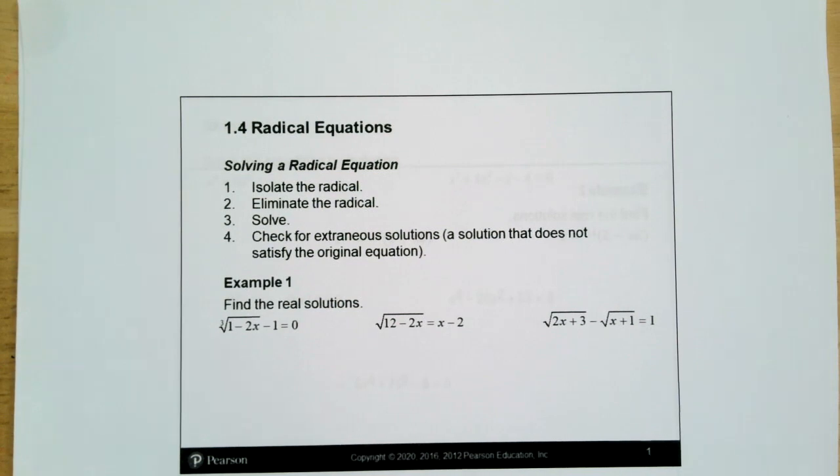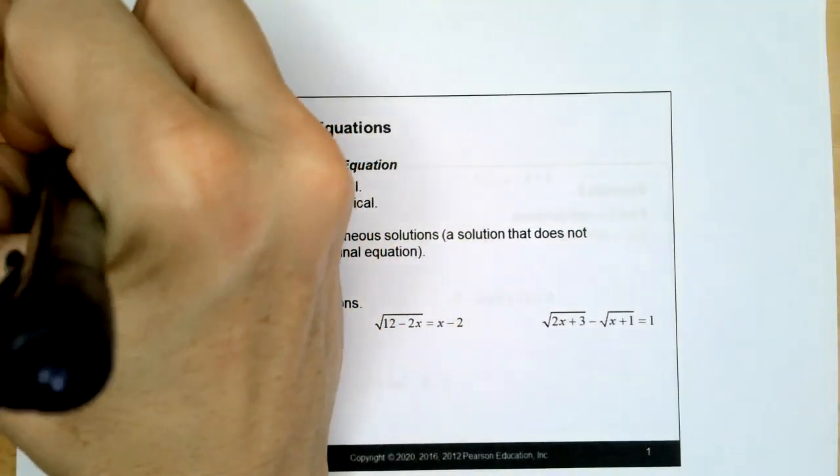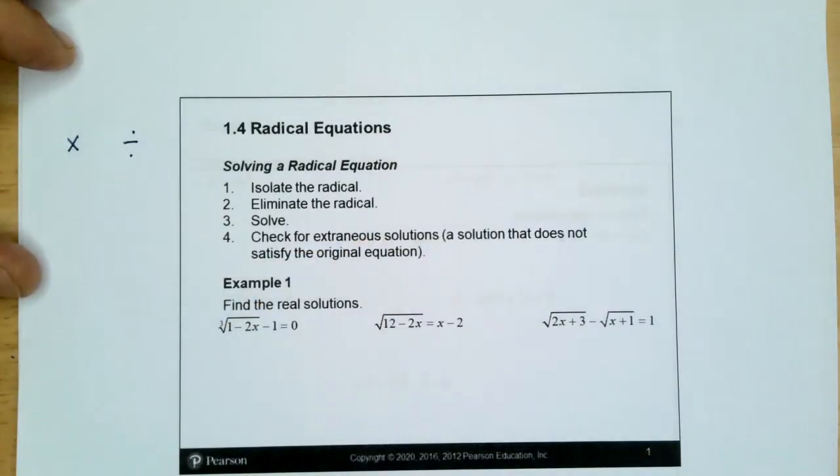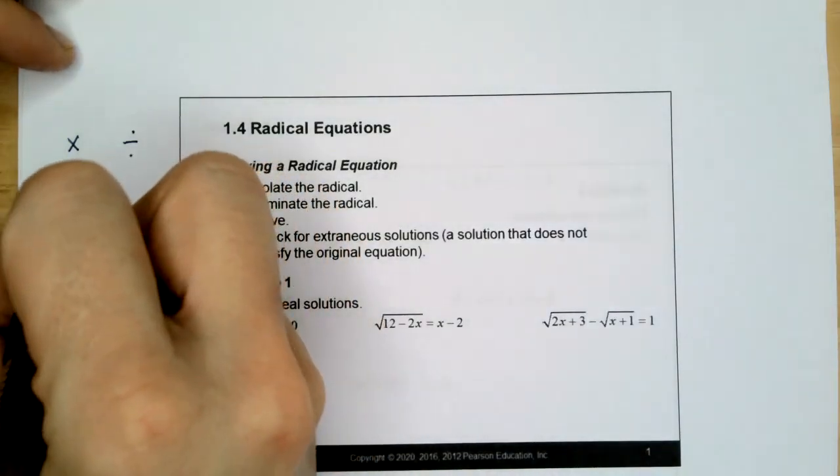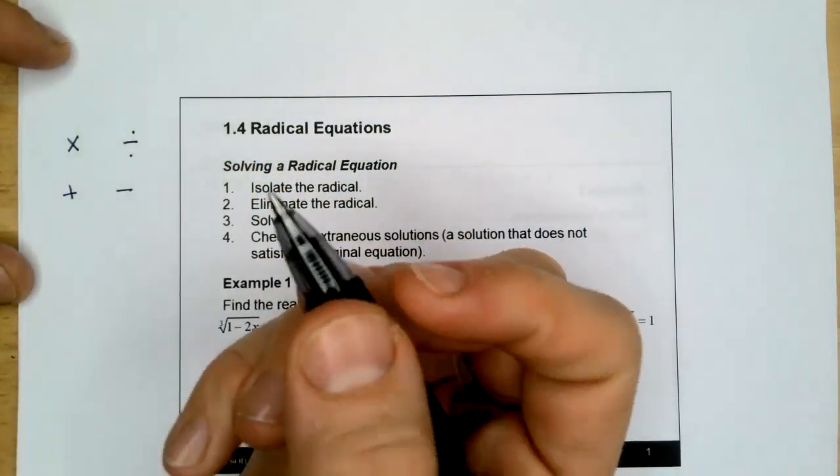So a radical equation, the variable is underneath the radical. So we need to do something to make that radical go away, right? Let's talk about inverse operations. Multiplication and division are inverse operations. Addition and subtraction are inverse operations.